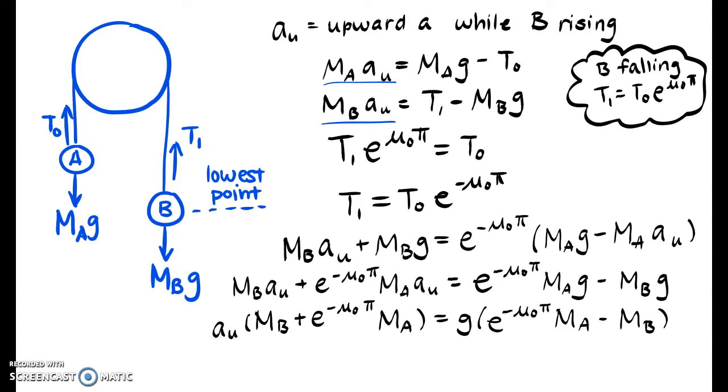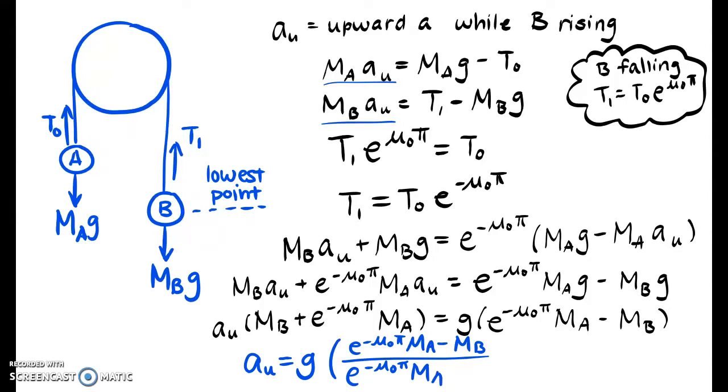So we find that AU, we can conclude, has a relationship with G, namely it is equal to G times e to the negative mu 0 pi times MA minus MB over e to the negative mu 0 pi times MA plus MB, and that's if we're rearranging the terms on the left hand side. So we have this relationship between AU and G. And we can see that it's extremely similar to the relationship between AD and G, except that instead of e to the mu 0 pi, we now have e to the negative mu 0 pi.